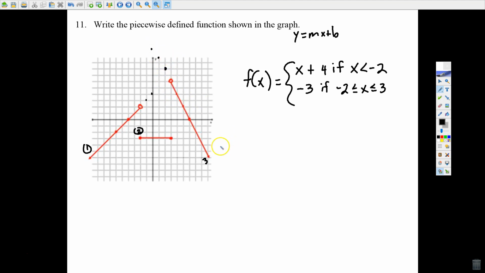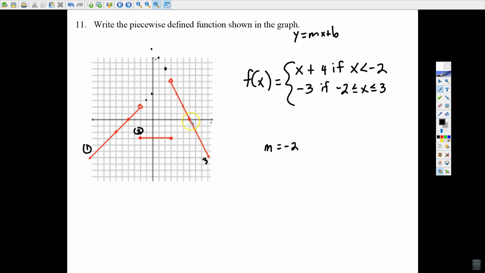So that one's a little harder to determine because I don't really know exactly what that is. We know what the slope is, so we can solve for b pretty easily. The slope is, as you can see, down 2, right 1. Slope is -2.